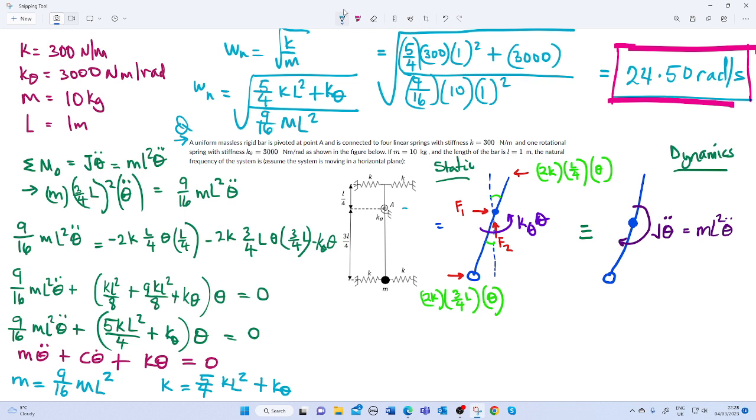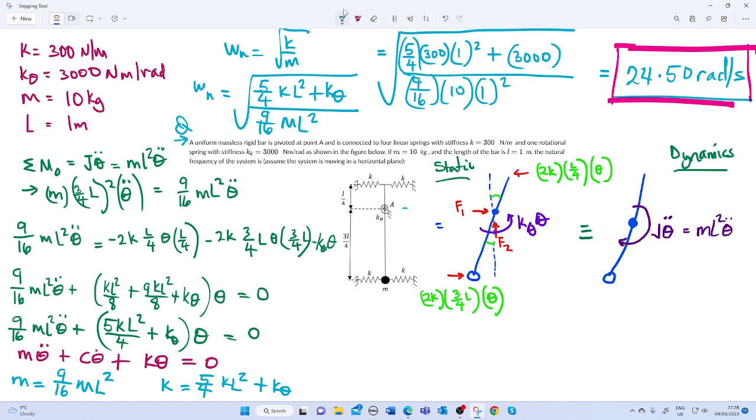If the mass of the body equals 10 kg and the length of the massless bar equals 1 meter, calculate the natural frequency of the whole system, assuming that the system is moving in a horizontal plane.